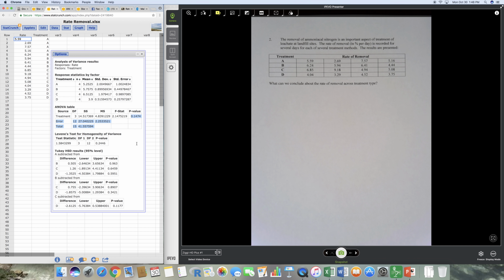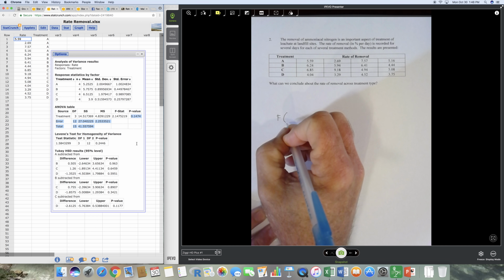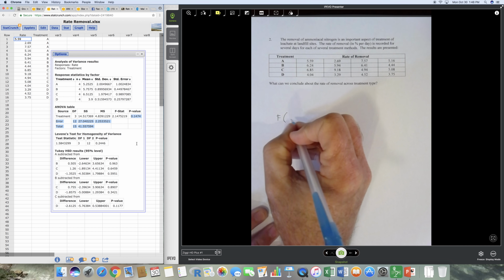So essentially what we do, we fail to reject the null, which says that we can't reject the statement that the mean rate of removal for treatments A, B, C, and D are the same. So, for something like this, I would report F, and our degrees of freedom look like they're 3 and 12.